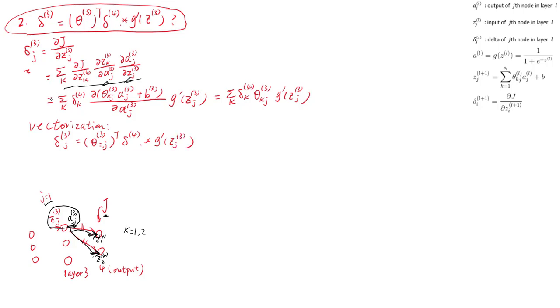Since for all nodes in layer 3 we have this delta representation, we can make it a vector operation, which is delta 3 equals theta 3 transpose delta 4, dot product with g prime z3.